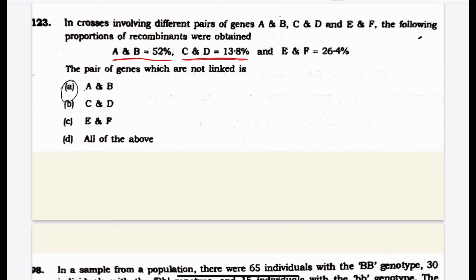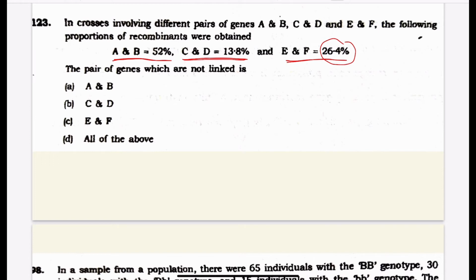When C and D gene was crossed, it was 13.8% recombination. When E and F was crossed, it showed a recombination frequency of 26.4%. Next, the pair of genes which are not linked: is it A and B, is it C and D, is it E and F, or is it all of the above?